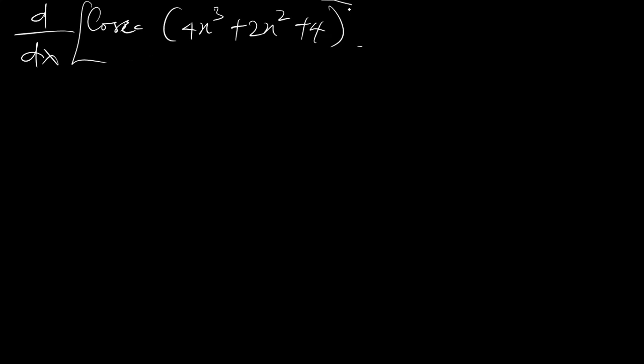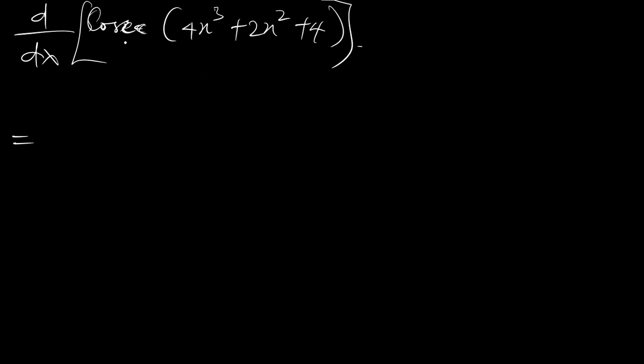Now let's say the derivative of cosec of 4x cubed plus 2x squared plus 4. So the derivative of this is, okay, I've done this. Let's just touch it now.